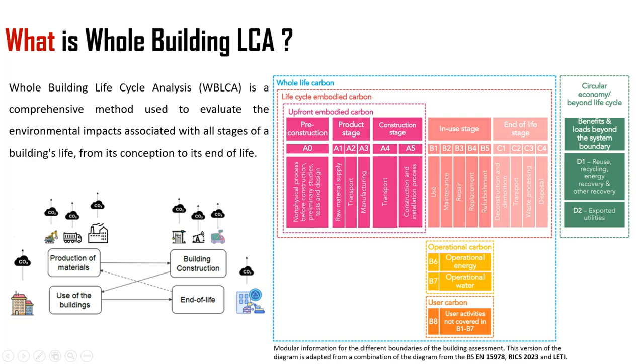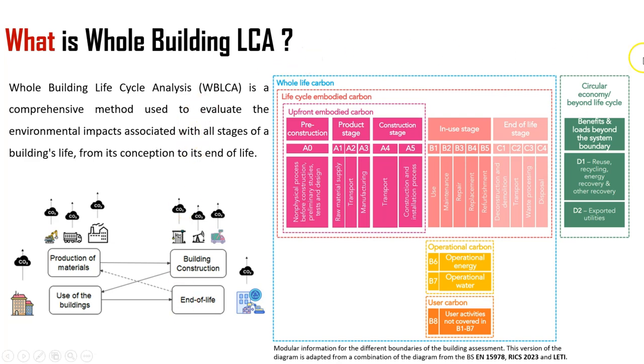So if you see the simple direction images, we can understand it covers production of materials, the logistics, the building construction, use of the buildings, then the end of life of the buildings, just like demolition and further disposal.